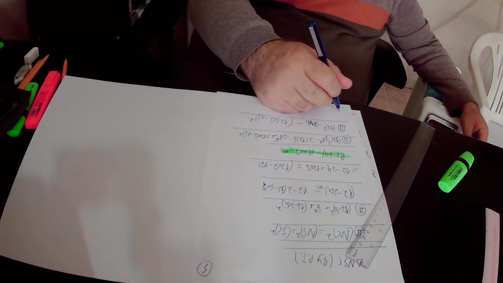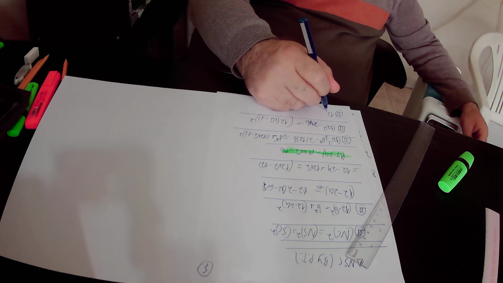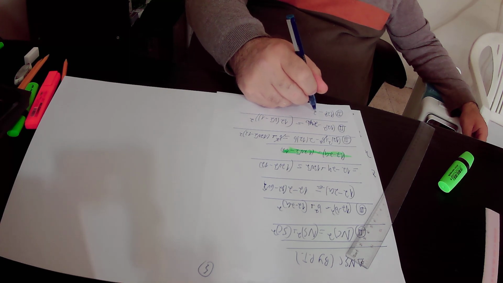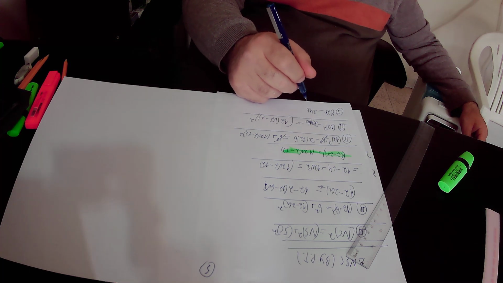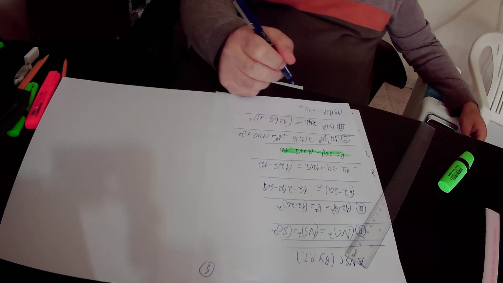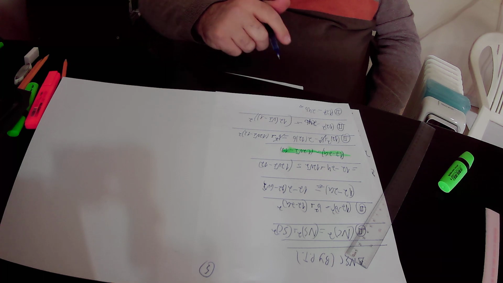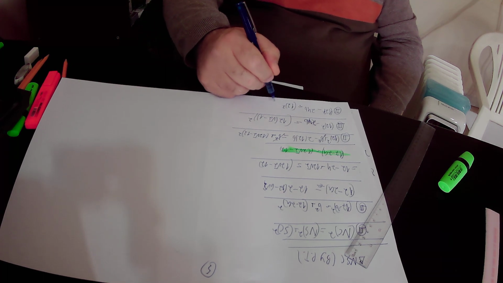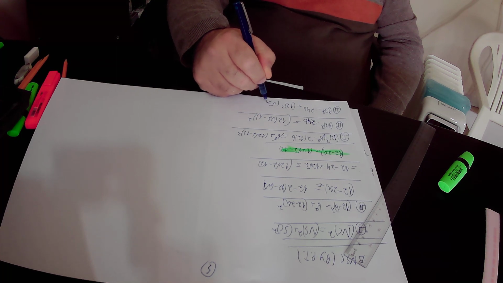So we got that according to equation number 2, 12 squared minus 24b is equal to 12 squared times square root of 2 minus 1, squared.